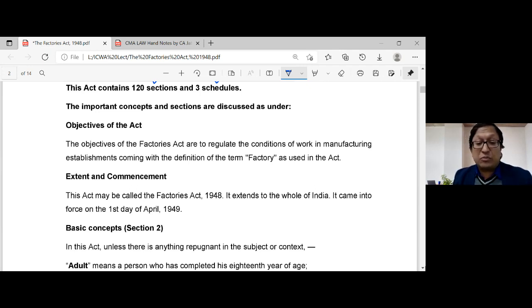Among the various objectives, the main objective is that the conditions of work at manufacturing places must be good. It should be safe for the workers to work over there. The objectives of this act are to regulate the conditions of work in manufacturing establishments coming within the definition of the term factory as used in this act.